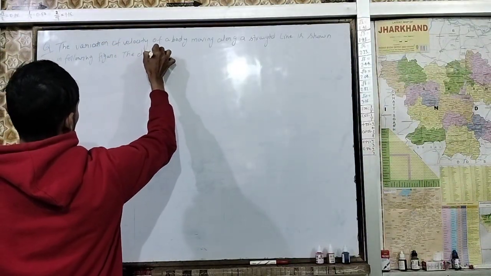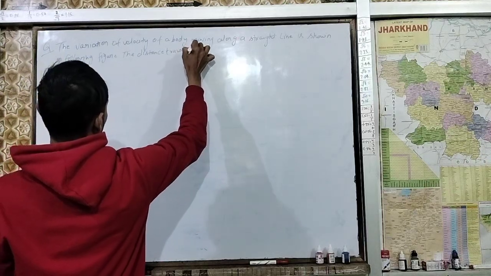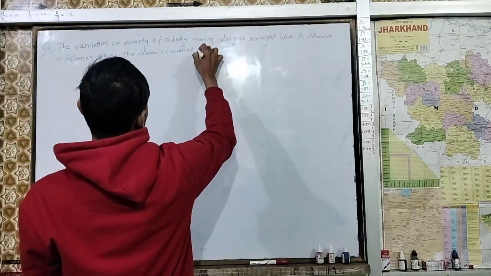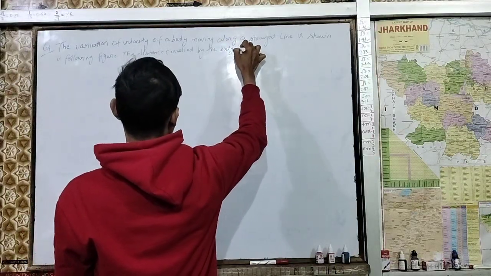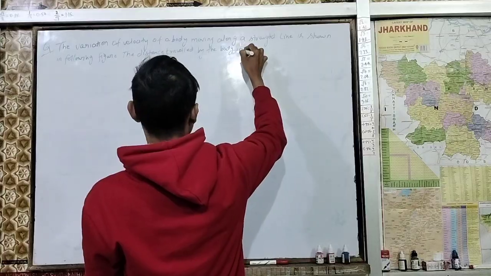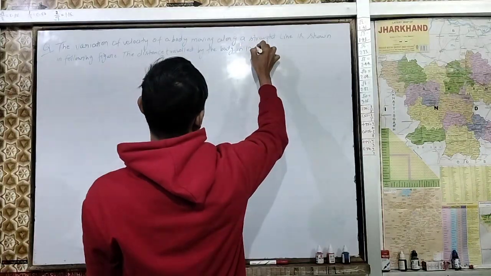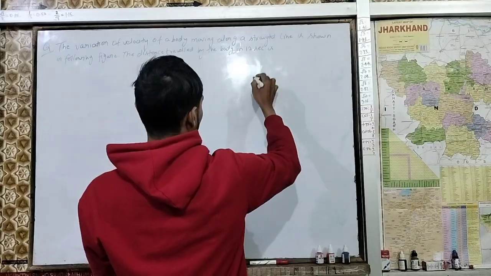The distance traveled by the body in 12 seconds is... The figure is like this.